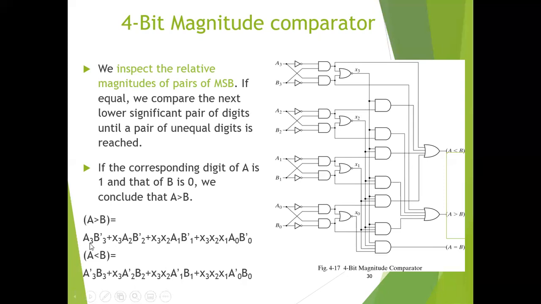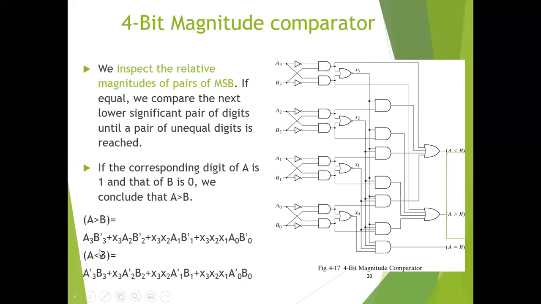We can see that in the output variable A greater than B, we take the complement of the B digits only, because for A greater than B, A will be equal to 1 and B will be equal to 0. So we take the complements of the B digits.